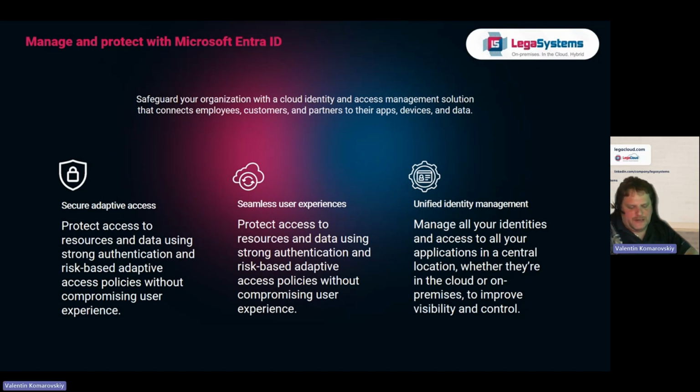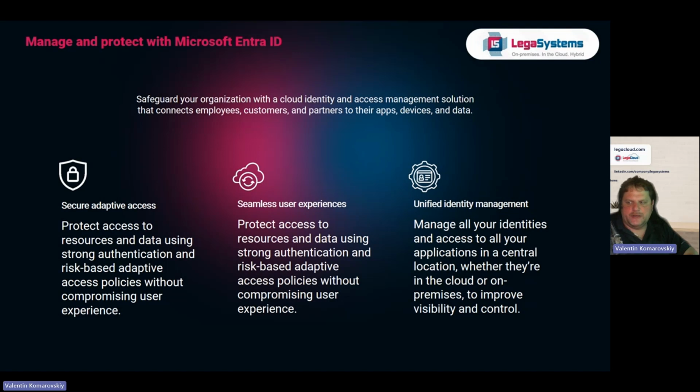If it's executives or top-level board members of your company, they need to be able to do their work. But at the same time, you want to keep their data safe. So secure and adaptive access is about keeping that balance.